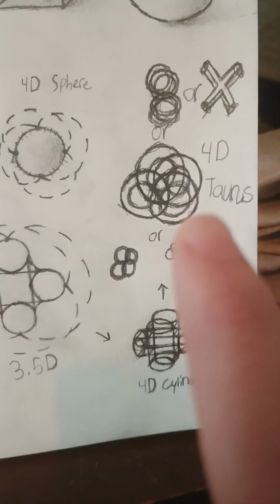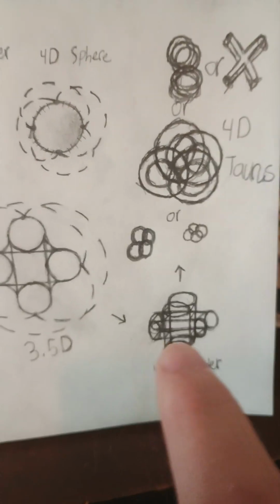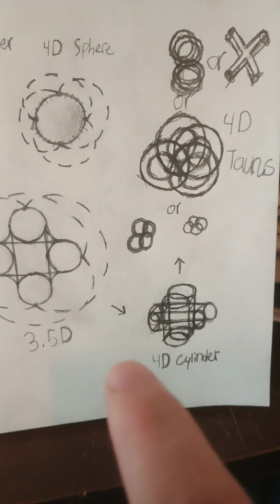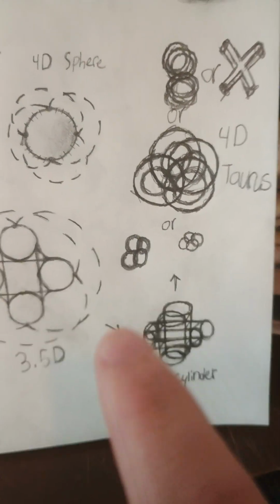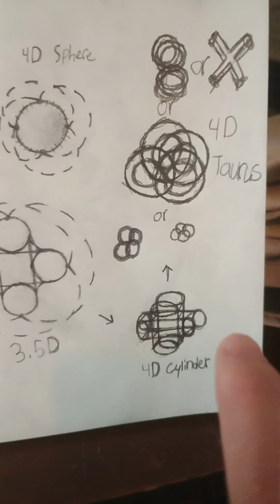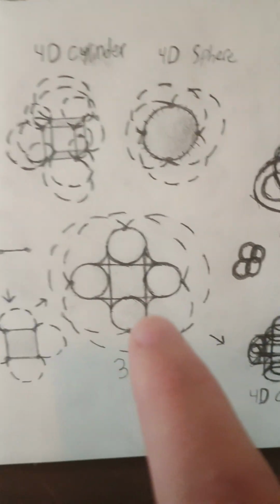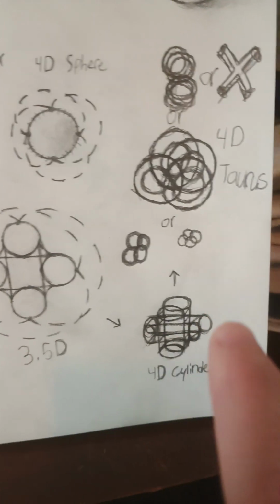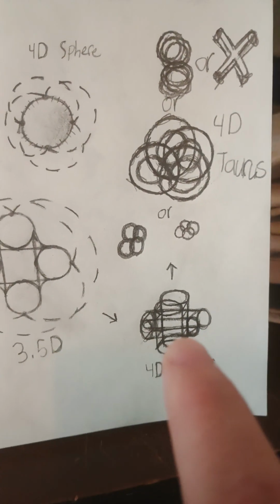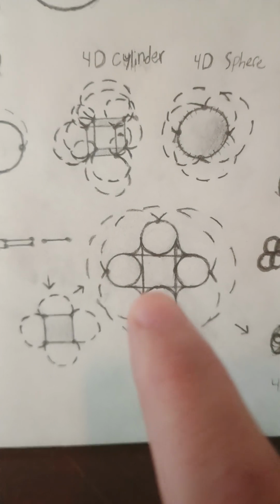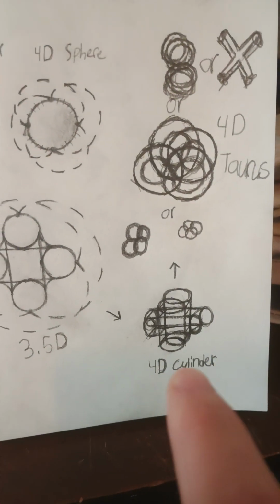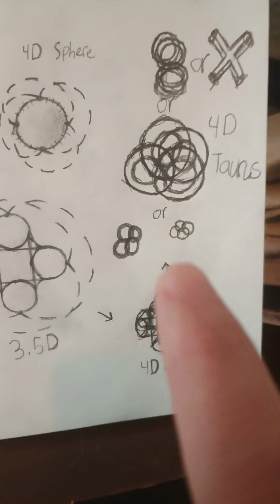This is basically only in 2 dimensions, except that it goes with depth. So we've got height, length, width, and now we've got depth, which is what this lacked. And this is what I would call a 4D cylinder.